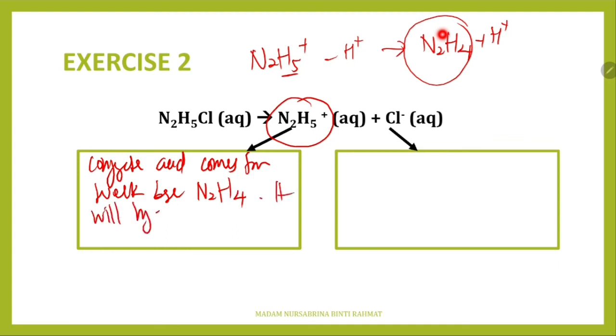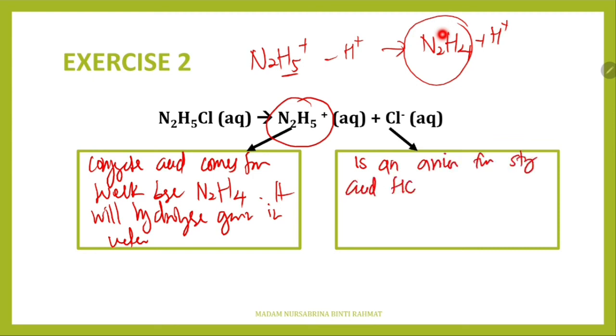It will hydrolyze again in water, whereas my Cl minus is an anion from strong acid HCl, therefore it will not hydrolyze again in water. Since your N2H5 plus is the conjugate acid which will hydrolyze again in water, the pH of this salt is determined by the hydrolysis of your conjugate acid.